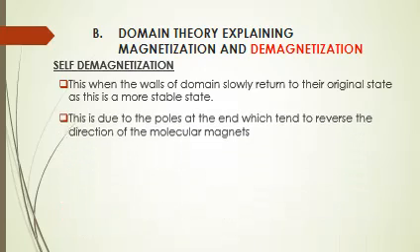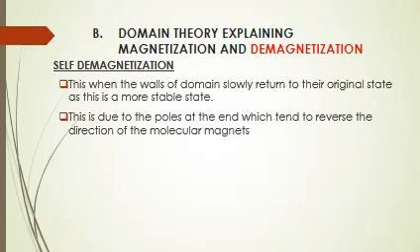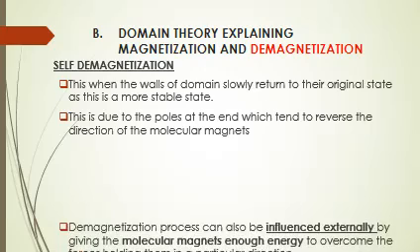This comes in due to the poles at the end, which tend to reverse the direction of the molecular magnets. So by doing that, the domains are returning and making your material lose its magnetism.